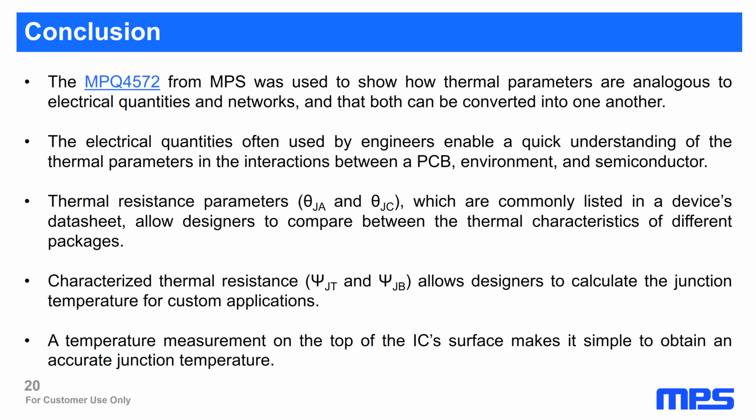Thermal resistance parameters, which are commonly listed in a device's data sheet, allow designers to compare the thermal characteristics of different packages. The characterized thermal resistance, Psi, allows designers to calculate the junction temperature for custom applications. A thermal measurement on top of the IC surface makes it simple to obtain an accurate junction temperature measurement.